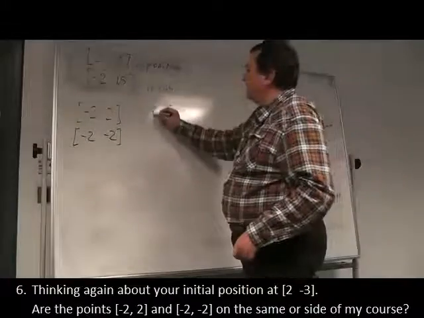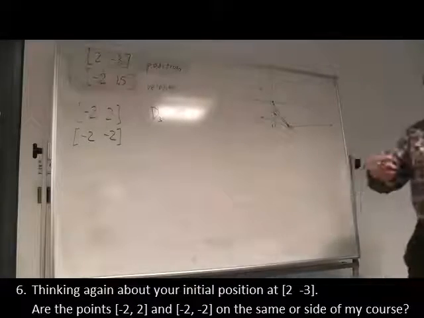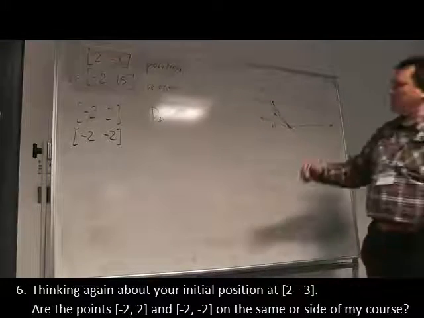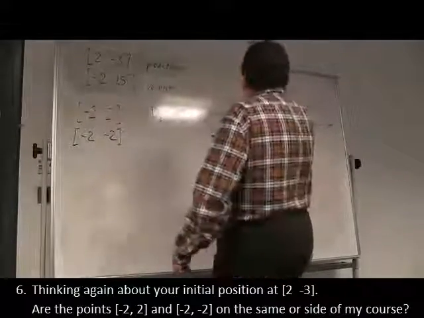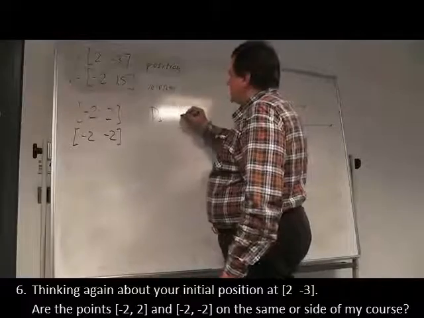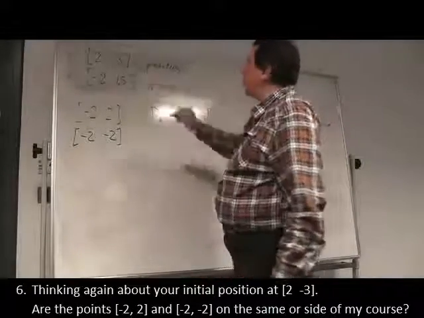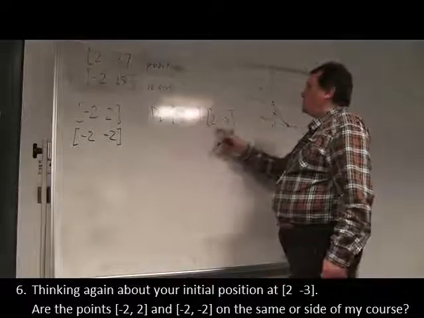I will call it d3 because we've already had displacements called d1 and d2 previously. d3 equals my target coordinates, (-2, 2), minus my initial position (2, -3).